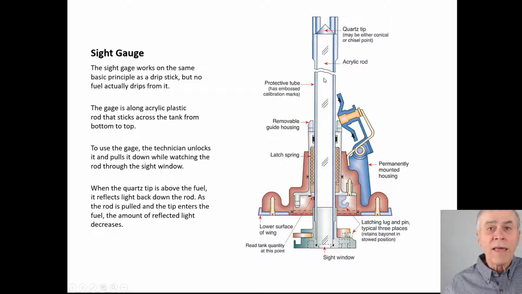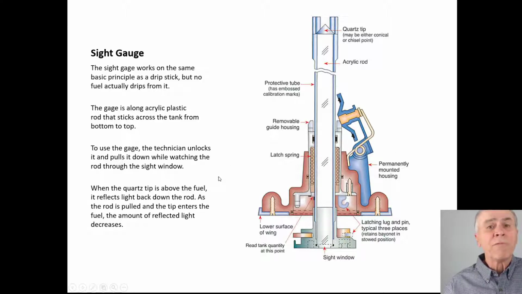It doesn't necessarily have to be a tube on the side of the fuel tank. It could actually be something that you look into. You actually look in the bottom, and there's a quartz tip, which will give you a reading.